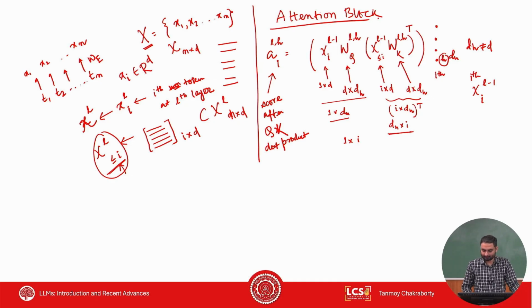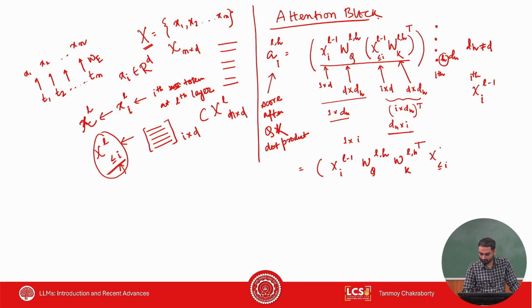Okay, so now if we modify this a little bit, if we just unfold the transpose: WQ^(L,H) WK^(L,H) transpose x^(L-1) transpose.